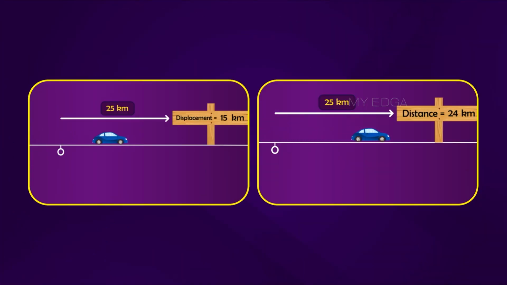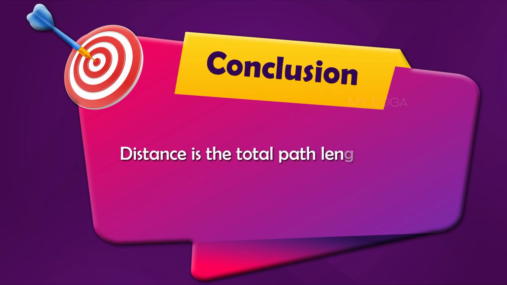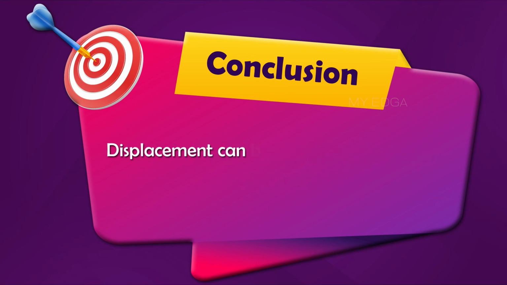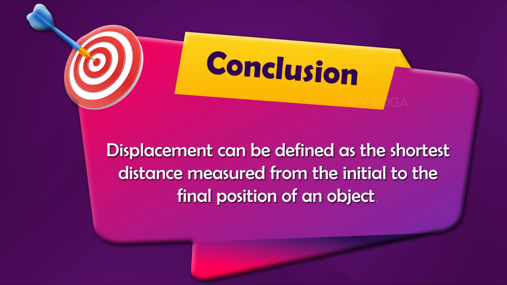Hope you all understood the concepts of distance and displacement. So, from this video, we can conclude that distance is the total path length covered by an object. Displacement can be defined as the shortest distance measured from the initial to the final position of an object.